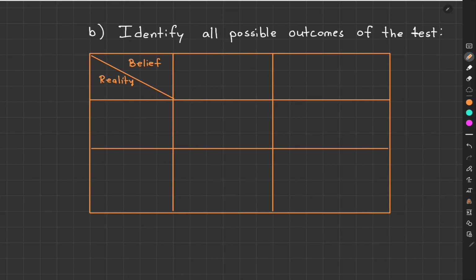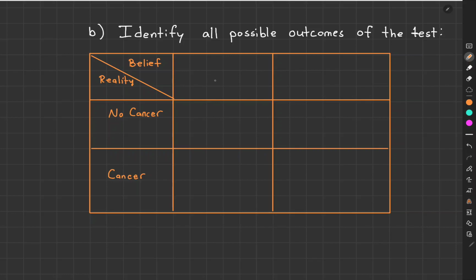So this is a two-way table. On the left here, we've got the reality, the true case, and on the top here, for our columns, we're going to have what we believe to be the case based on the test result. So in reality, the person may not have cancer, or they may have cancer.